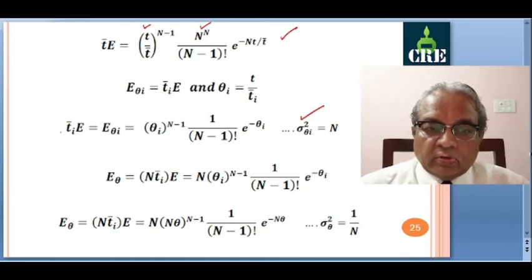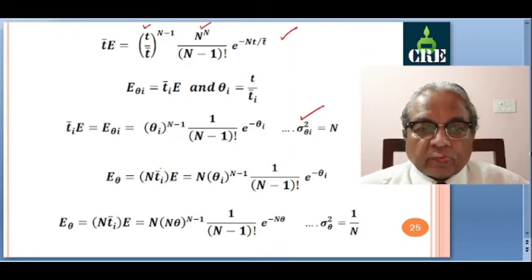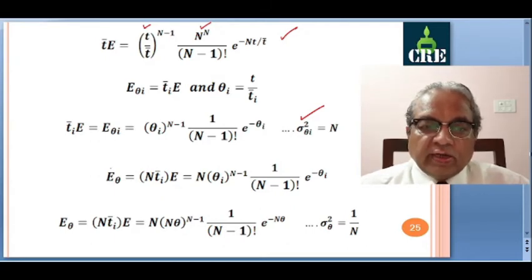Like we have written E theta I, you can write E theta also. And for that, this ti E is to be multiplied by n. So this is for theta I, and for n reactors, if you multiply the right hand side by n, this E theta I you can write as E theta.